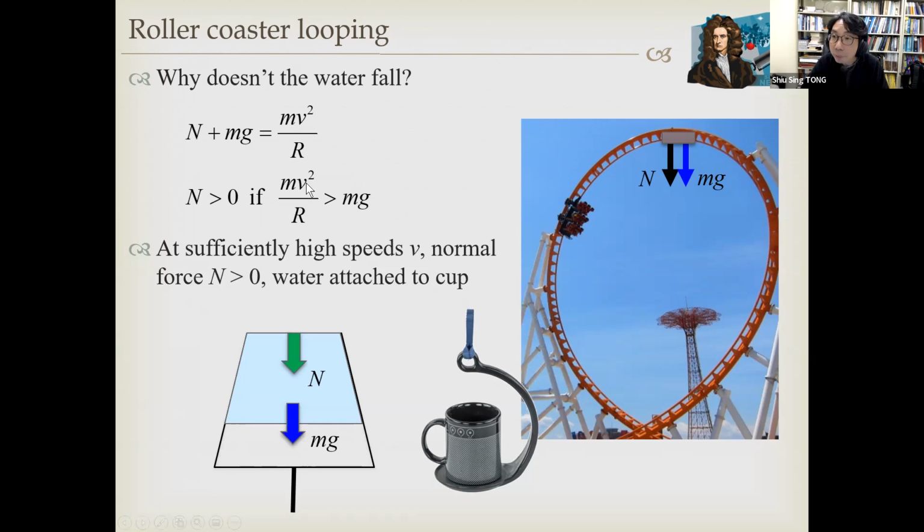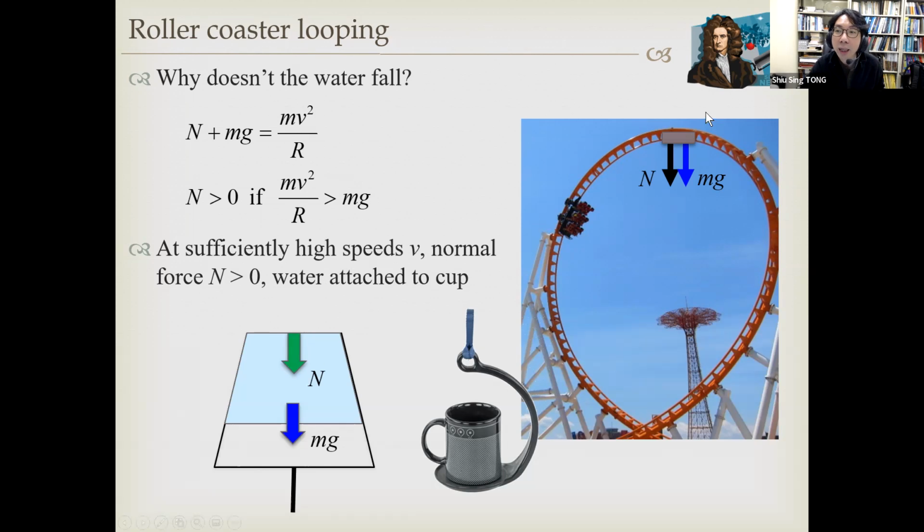So I need a high velocity. So I need to let the roller coaster slide down from a very high altitude, so that when it goes through the loop at the top, its velocity is high enough such that mv squared over r is larger than mg. In that case, the normal reaction force will be larger than 0, and the roller coaster will be firmly attached to the rail without falling down. Okay, so that is the idea.